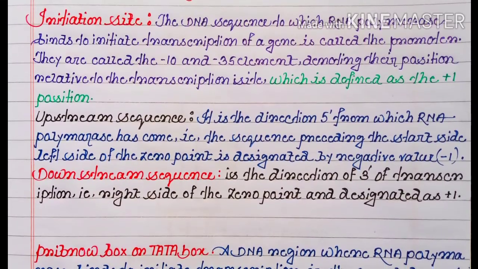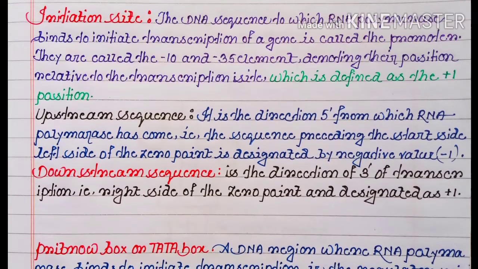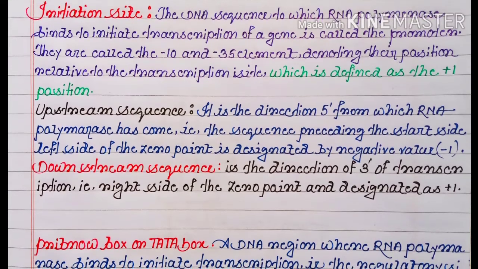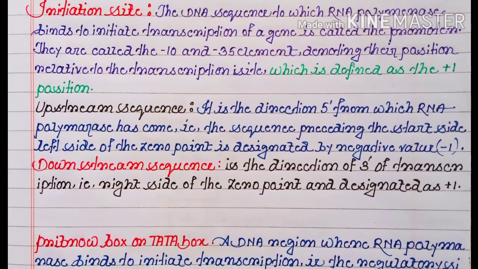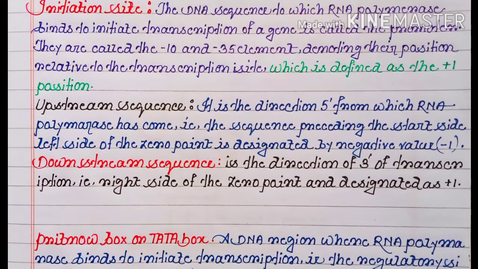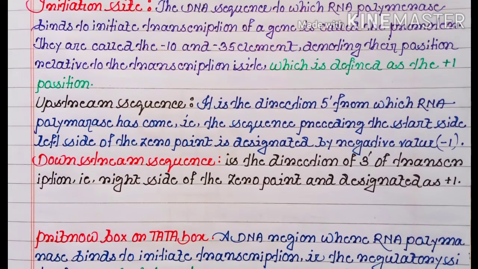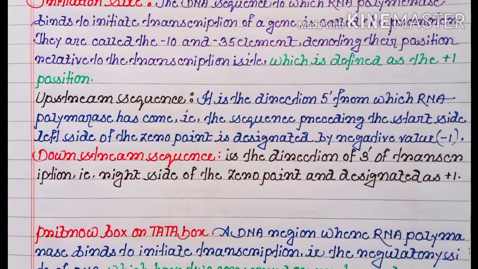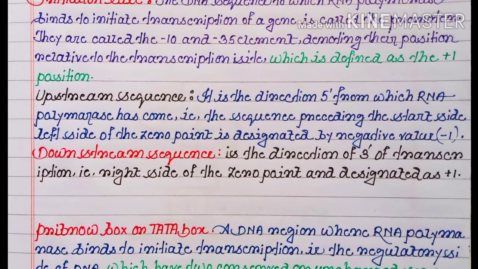They are called the -10 and -35 elements, denoting their position relative to the transcription site, which is defined as the +1 position.